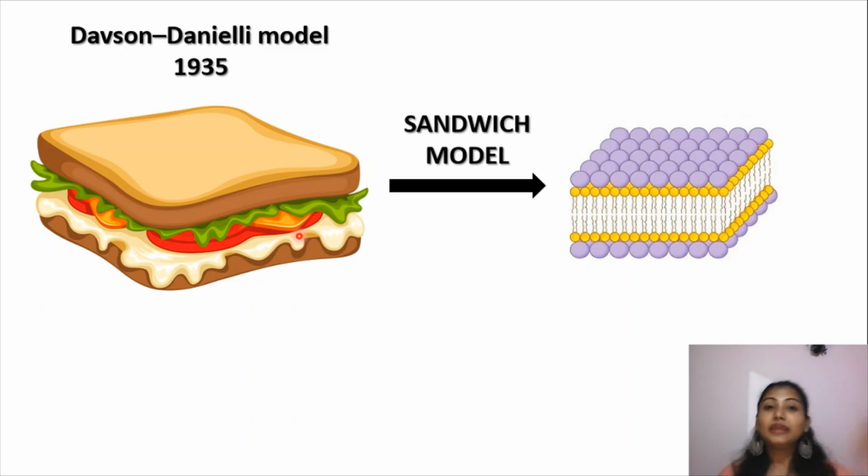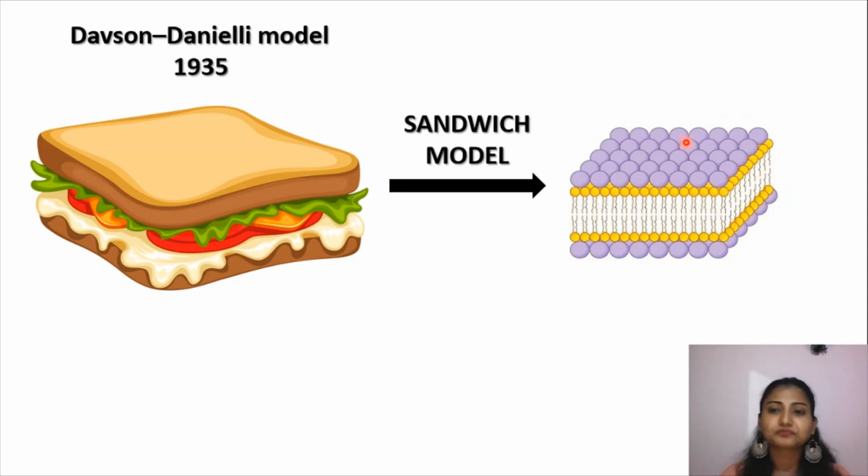Yes, the name of the model was also the sandwich model, where Davson and Danielli suggested that the stuffing in the sandwich is the same thing that is there in the cell. This stuffing inside the sandwich is a lipid, which is nothing but fats.